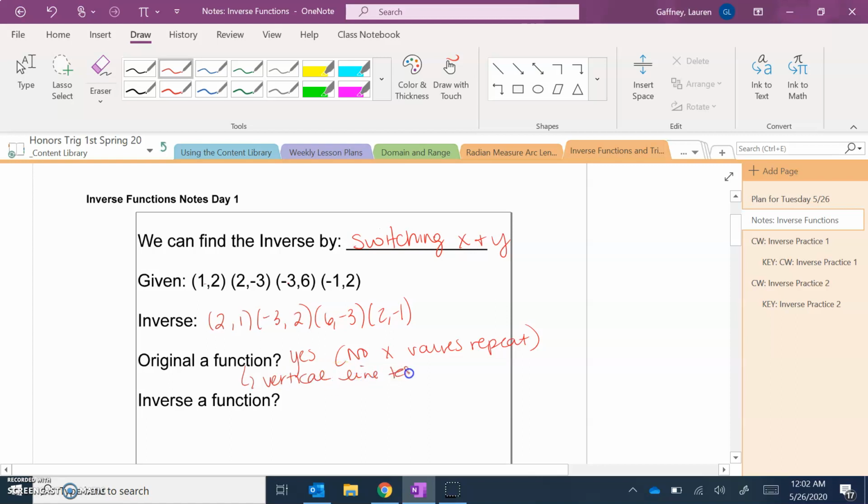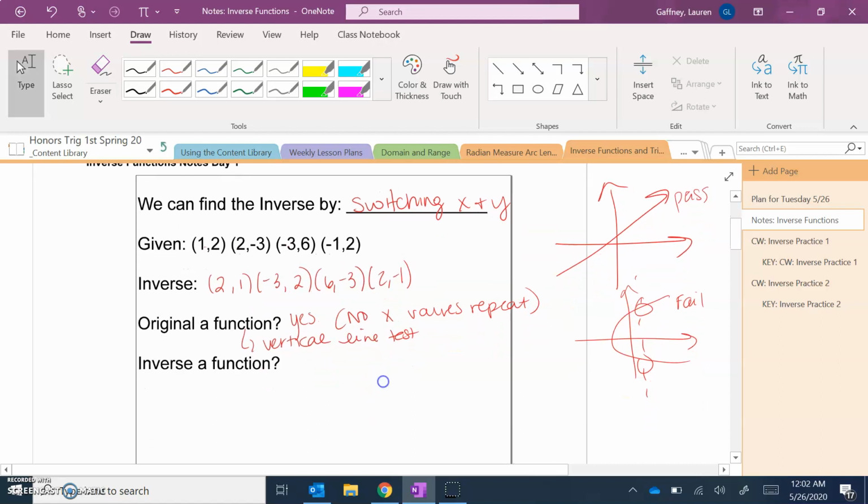As a side note, if I had a graph that looked like this, that would pass the vertical line test, so it's a function. If I had a graph that looks like this, that would fail the vertical line test, so that would not be a function.